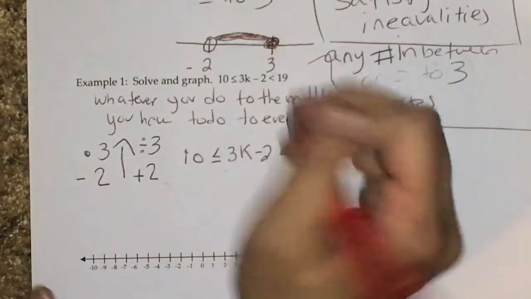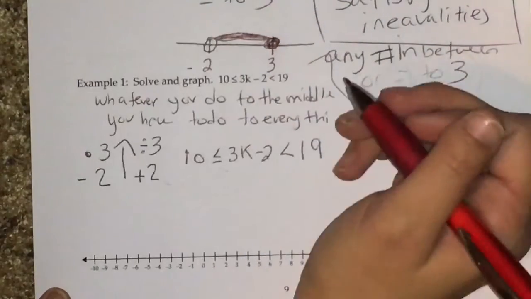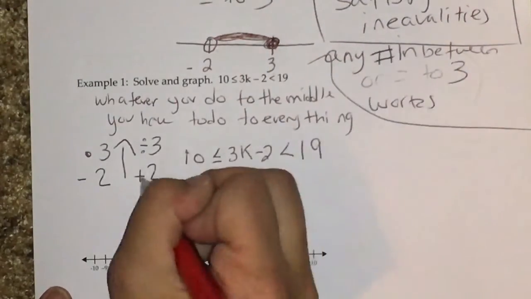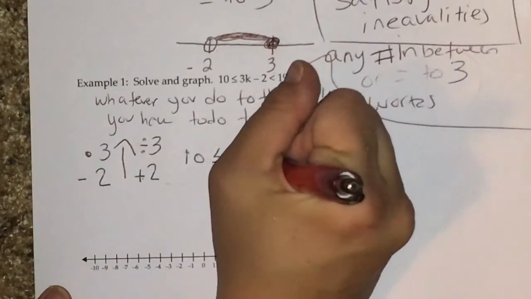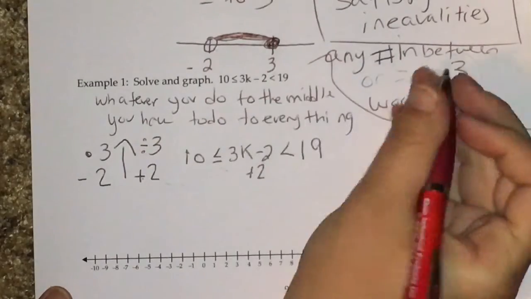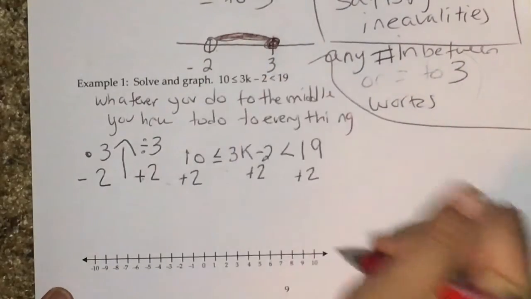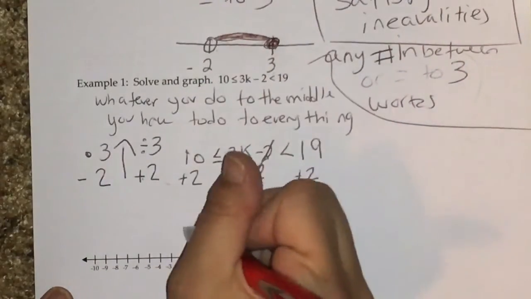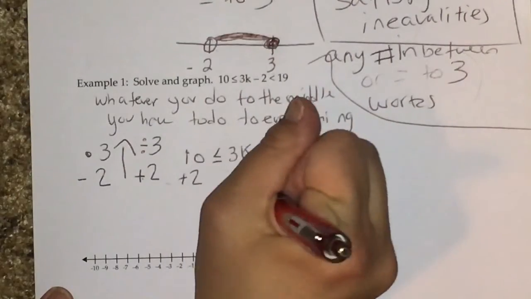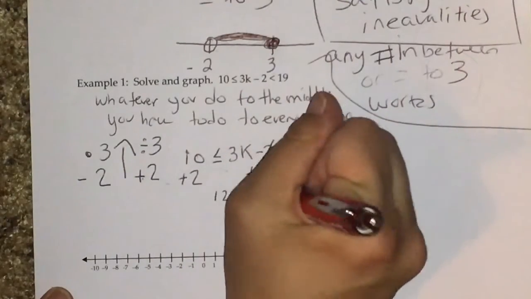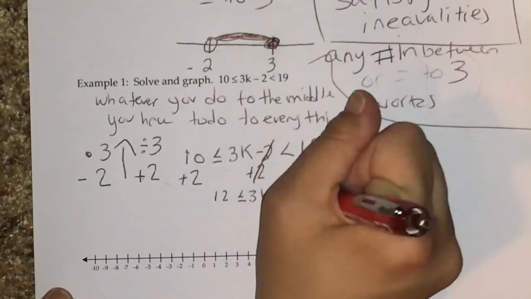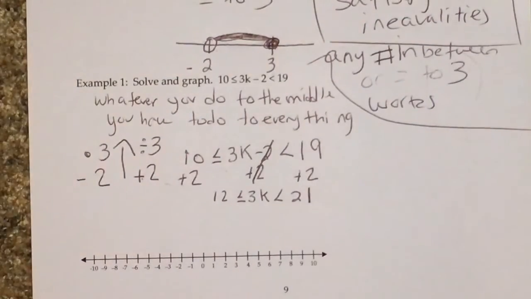But when we do these things, we need to make sure that we actually apply these to everything. So when I add 2, I'm not just adding 2 to one side or the other, I'm actually adding it to everything. It's going to cancel out in the middle. I'm left with 12 is less than or equal to 3k less than 21.